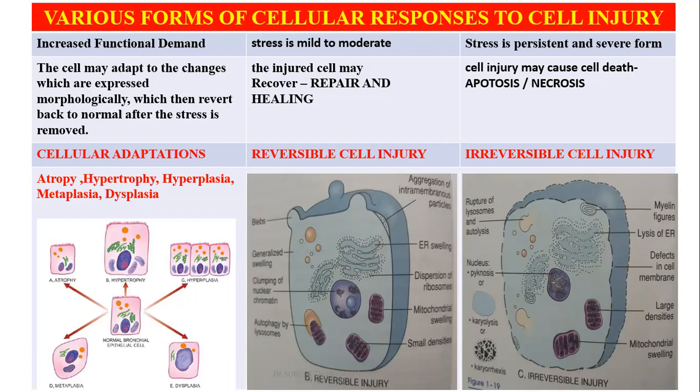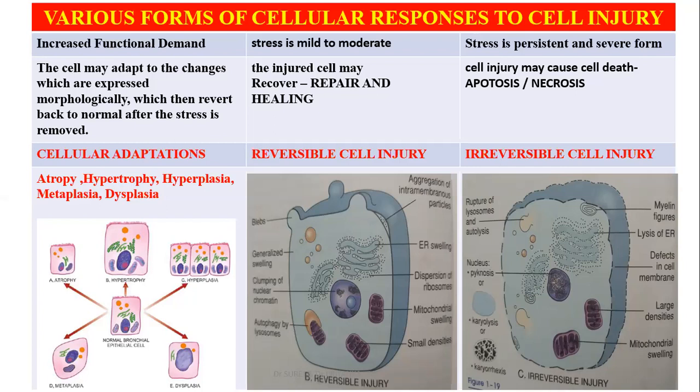That means if the hormonal stimulation is decreased, for example, hypopituitarism causes atrophy of target organs such as the thyroid and adrenal cortex.